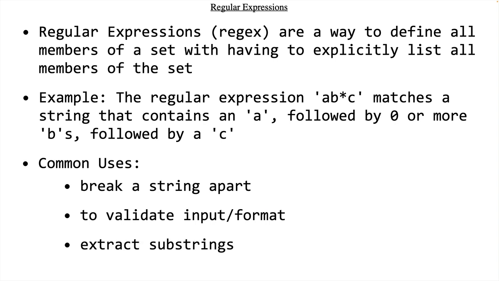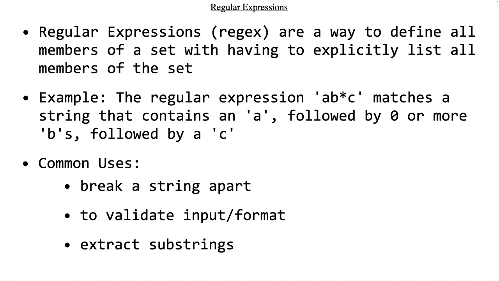And then another common thing is we can break the string apart, but we can also extract a substring or substrings out of that based upon the regular expression and something that we'll talk about called back references. So I'm going to give you a bunch of examples.